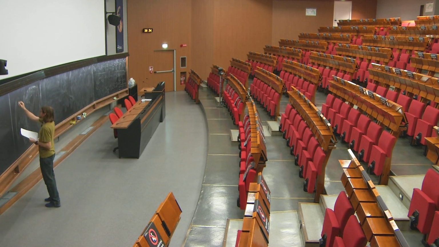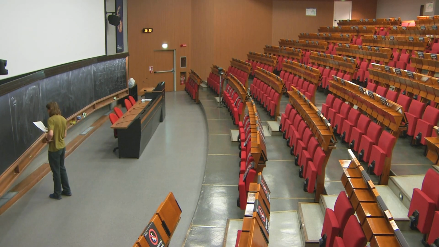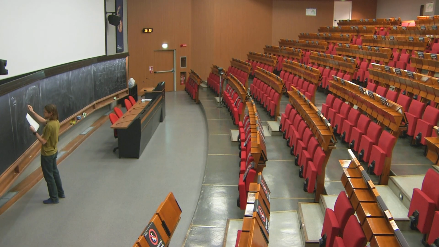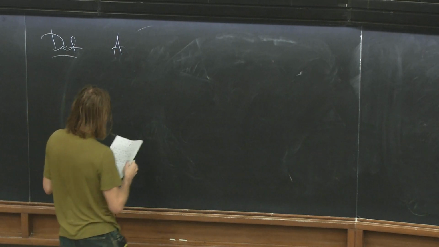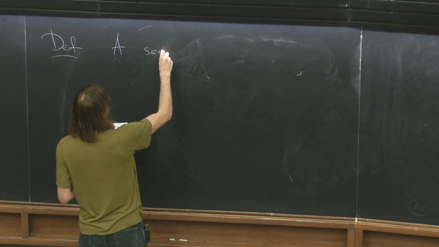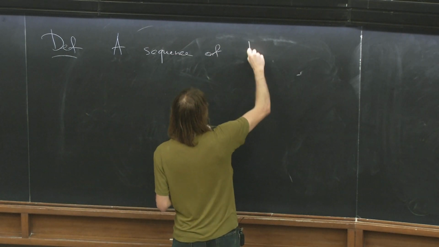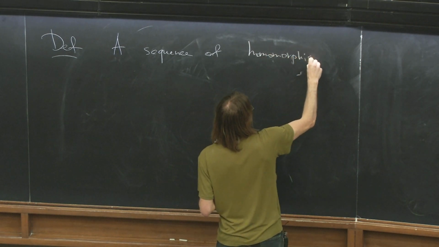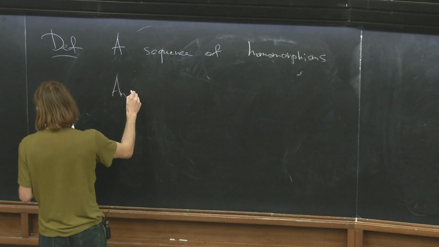As I mentioned before, in the study of homology we will have more algebra. I'm not sure if we already had this notion in some other course, but let me nevertheless introduce the definition of an exact sequence. A sequence of homomorphisms is as follows.